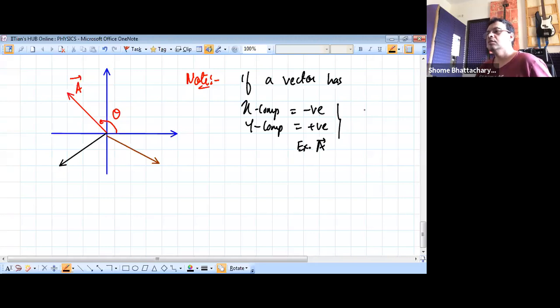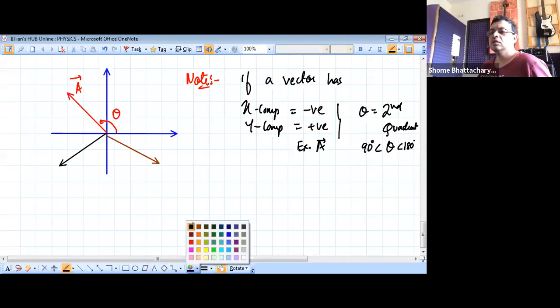Then its theta is in second quadrant. Okay, that is theta is greater than 90, less than 180. On the other hand, for this other vector B, you can see over here, theta would be like this.